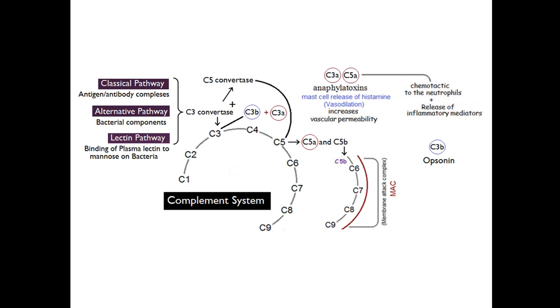Normally, our immune cells, particularly the phagocytes, do not recognize the bacterium. But if C3b is attached to this bacterium, they can recognize the C3b, and the phagocytes, which have receptors for the C3b, will attack those bacteria and kill them.